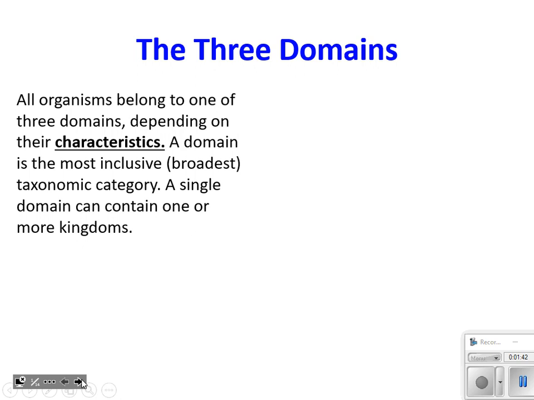Back in the day, when I was learning science, when I was sitting in your seat, they didn't even have domains. The broadest category that I had when I learned this were the kingdoms, okay? So this is a new classification since I was even in high school. We're going to talk about three different domains, and these three domains are based on characteristics of the organisms.